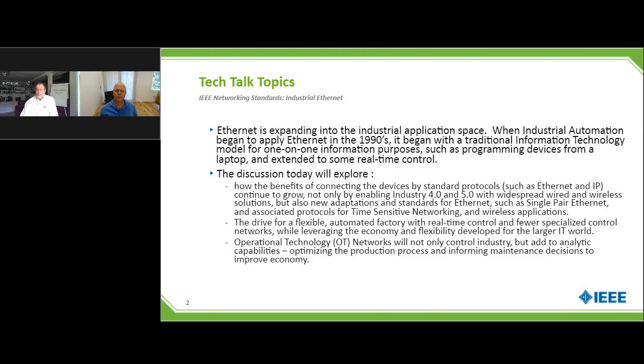The discussion today will explore, among other topics, how the benefits of connecting the devices by standard protocols, such as Ethernet and IP, continue to grow, not only by enabling Industry 4.0 and 5.0 with widespread wired and wireless solutions, but new adaptations in standards for Ethernet, such as single-pair Ethernet and associated protocols for time-sensitive networking and wireless applications.